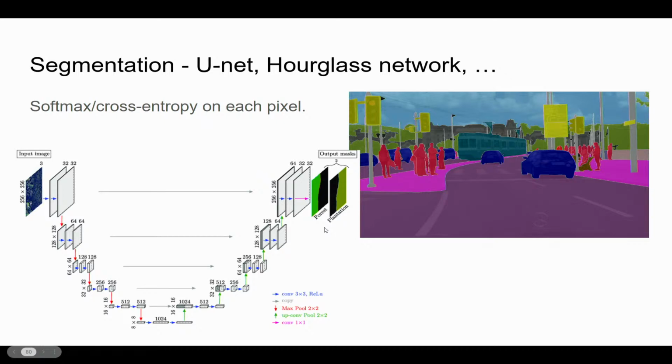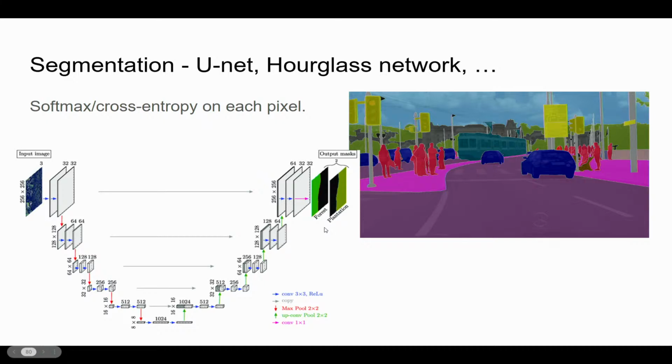But if you take it to the extreme, you get to segmentation tasks, for example, where the input is the same size as the output, and you get a prediction for each input pixel. Like in segmentation, where the prediction is for each pixel, the network tries to predict the semantic class of what's in the image at that location.